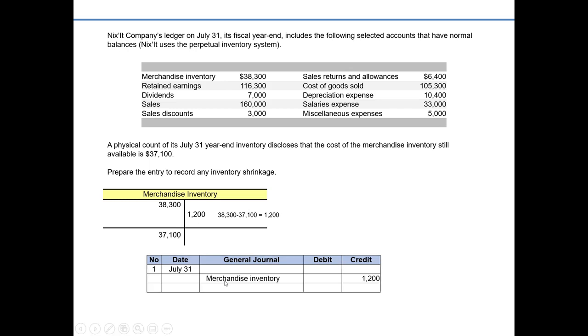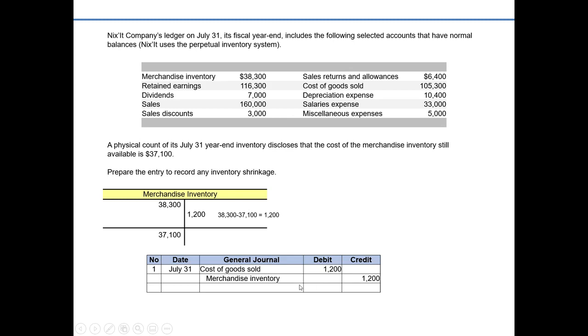So one side of our adjusting entry to deal with inventory shrinkage is crediting or reducing merchandise inventory by $1,200. Now, you know by now in this semester that you can't have a debit without a credit or credit without a debit. So we need to debit something. What account are we going to debit? We are going to debit cost of goods sold for the same value of $1,200.